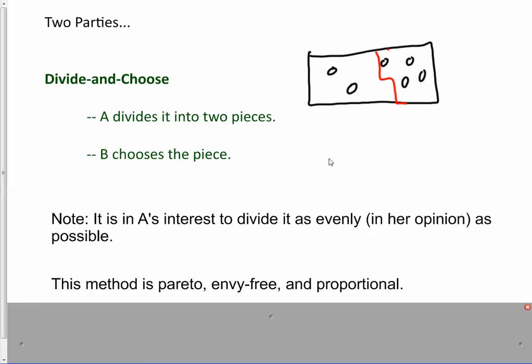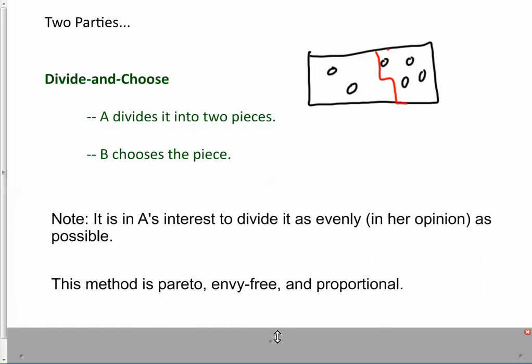So they don't end up getting the same amount, based on their own opinion. So we can't say it's equitable. But remember, I said in class that equitable may or may not be the most important thing. I will say that I'd rather be B than A here, right? Because if you're B, you stand at least a chance of getting something more than 50% of the value. Whereas if you're A, you're going to get 50% of the value.